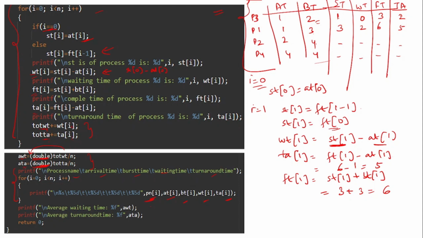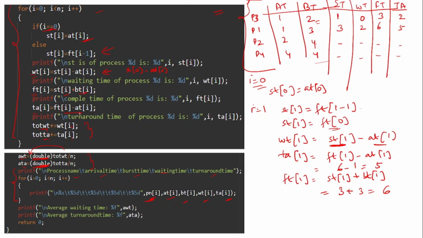And the finish time is obviously the time from which it starts, it is there in the CPU, plus how much time it needs for its completion. That is the start time plus the burst time. The turnaround time is basically how much time the process spends in its execution.